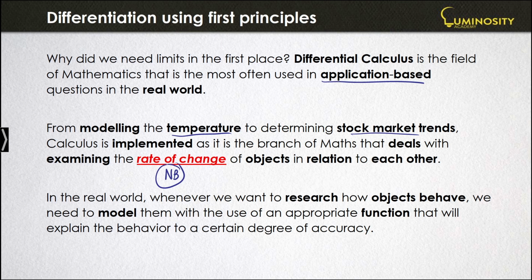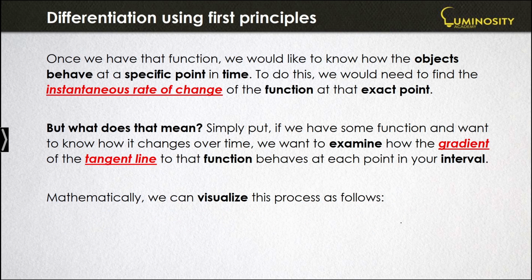In the real world, whenever we want to research how objects behave, we need to model them with an appropriate function that'll explain the behavior to a certain degree of accuracy. Once we have that function, we would like to know how the objects behave at a specific point in time of that function. To do this, we need to find what we call the instantaneous rate of change of the function at that exact point.